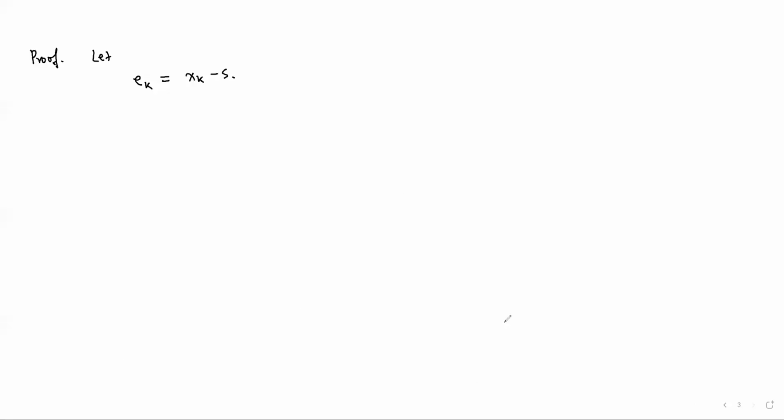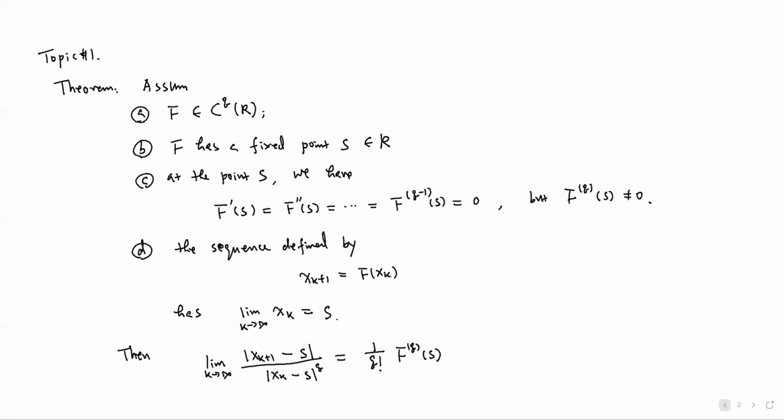Now, Taylor expansion. By Taylor's theorem, we have ek plus 1 equal to xk plus 1 minus s. Xk plus 1 is equal to f of xk.